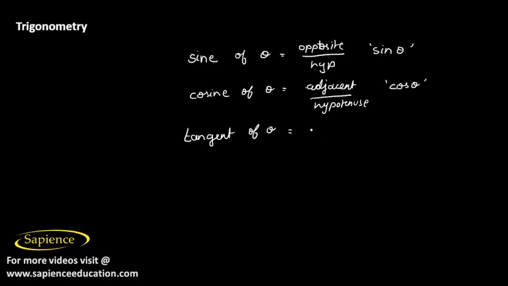Then the third one is tangent. For tangent of theta, we need to take the ratio of opposite side and adjacent side, and the short form will be tan theta. The fourth ratio is cosecant.